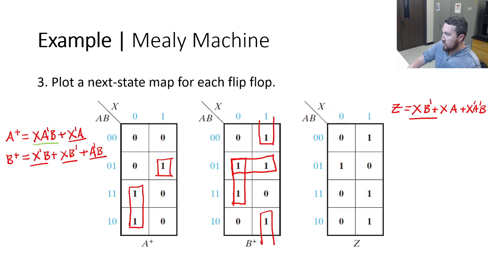X and A. All right. So there we go. X is 1, B is 0. That makes a little bit more sense. That's this guy. Then X and A is X is 1, A is 1. Oh my goodness, did we screw it up again? No, I didn't. It's these guys. There we go. And then X prime, A prime, B. X is 0, A is 0, B is 0.